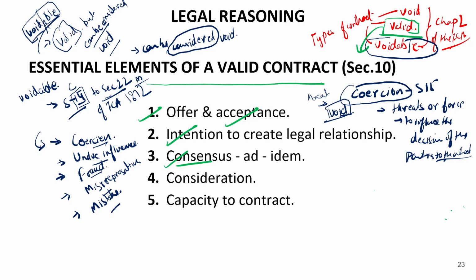That is why they do not wish to fulfill their obligation under that agreement, and the court will enforce this in such a manner that they will not be obligated to fulfill the obligation mentioned.